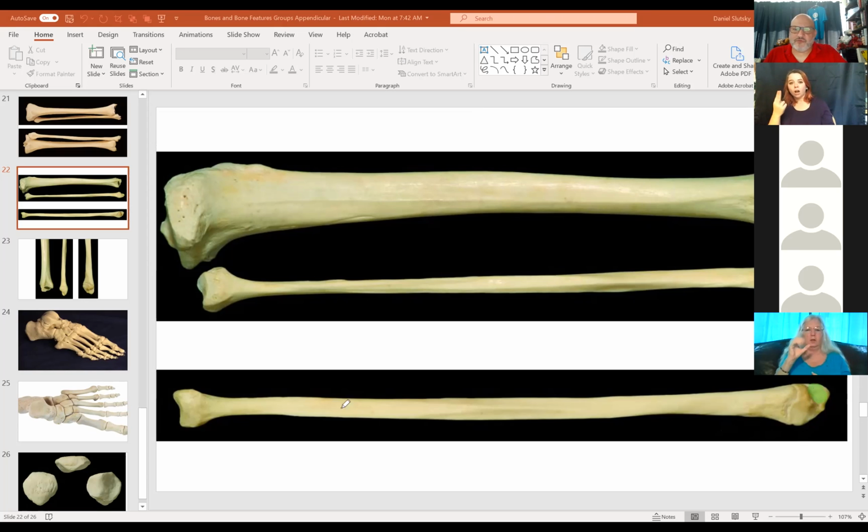So this bone that's here solo by itself, is it a right or a left? Right. Excellent. And this one up here, what is it? Right. Notice they're both rights. So just that simply, that is how you tell the tibia and the fibula left and right.